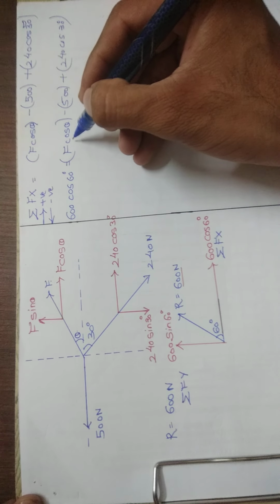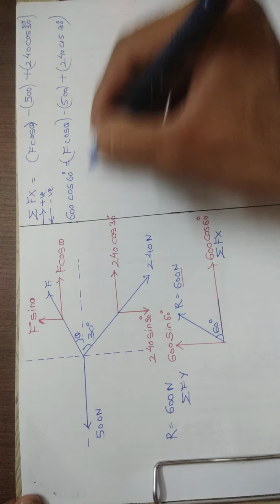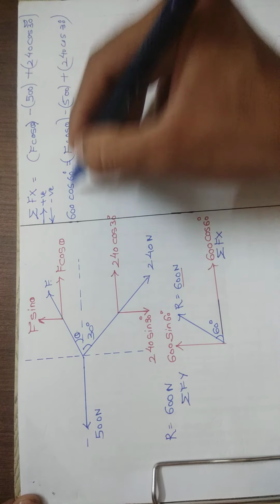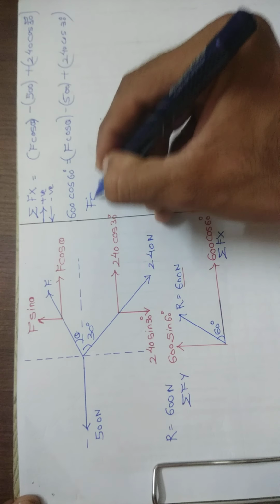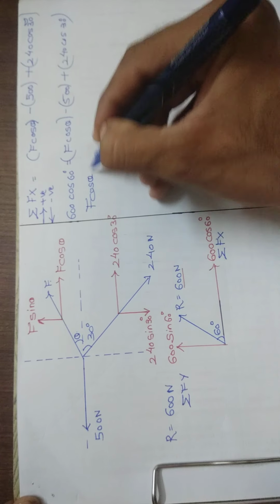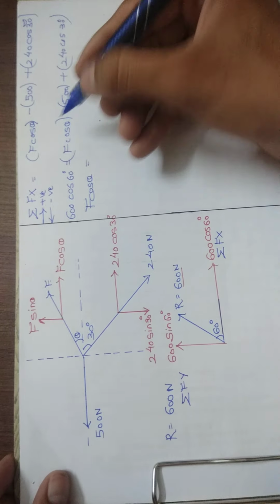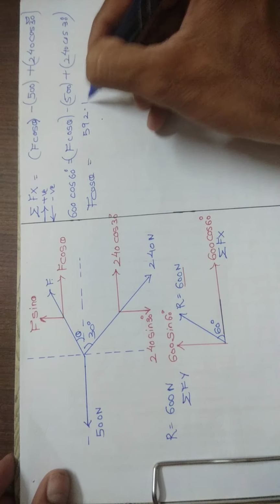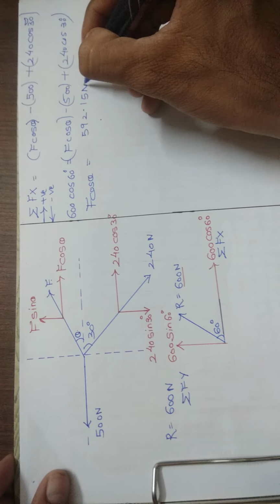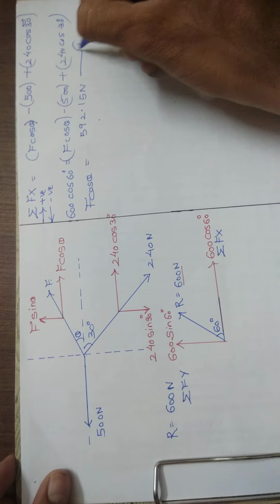So what is the value of F cos theta? Take this 500 to the right side; minus will be converted to plus, plus will be converted to minus. So after simple calculations, the F cos theta value comes to be 592.15. You can check this value. We will call this equation number 1.